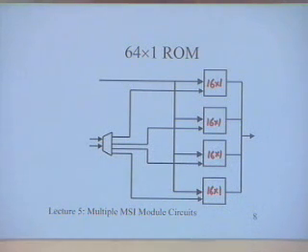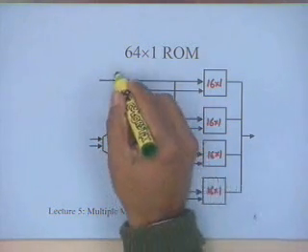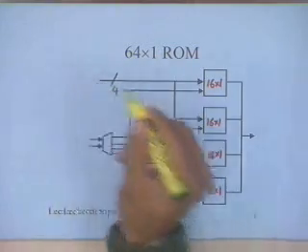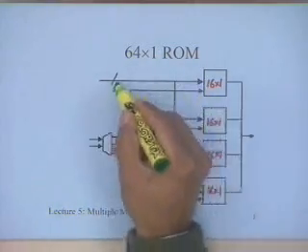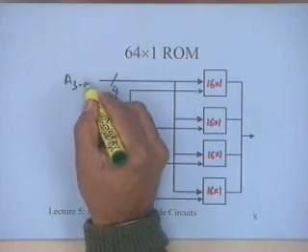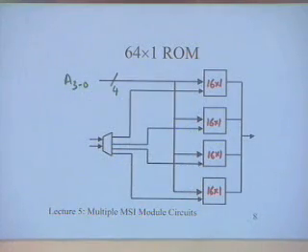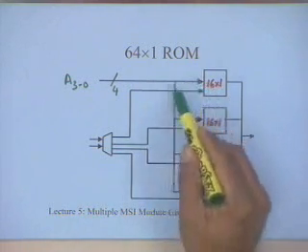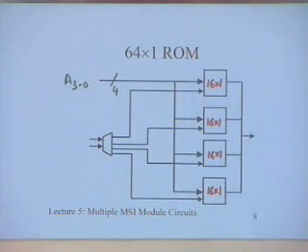A 16:1 ROM will have 4 address lines. Typically when I show a bus, I show this and put a cross and put a 4, which means that it has a width of A3 to A0, and these 4 address lines are going to be common to all of them.